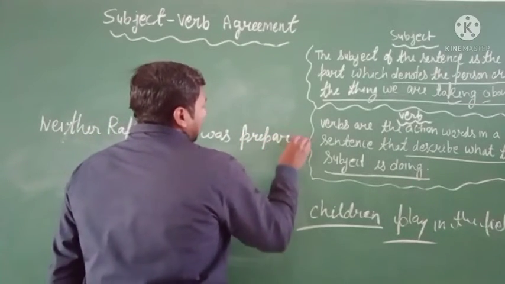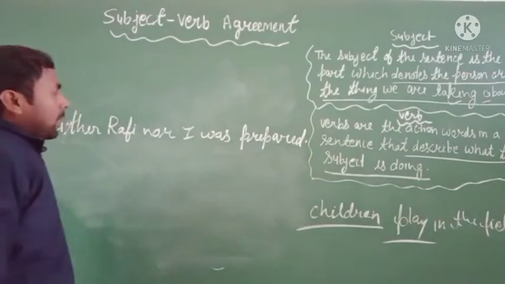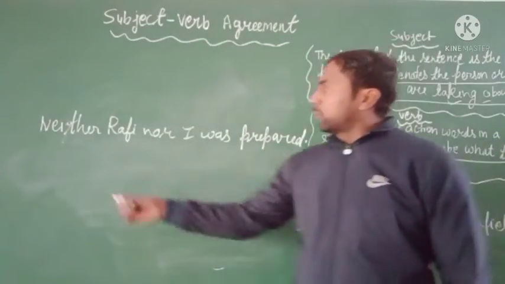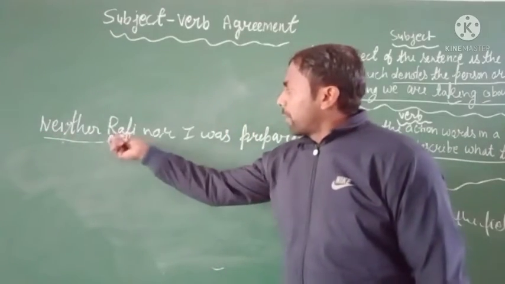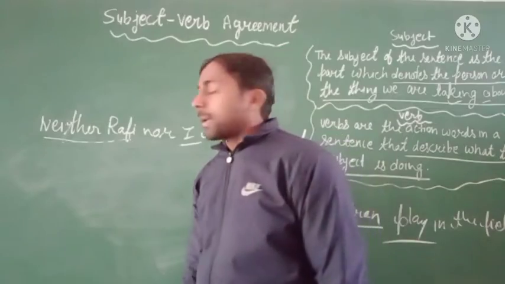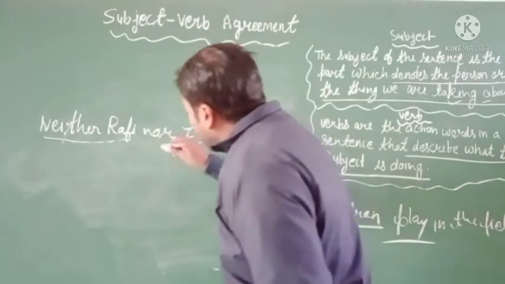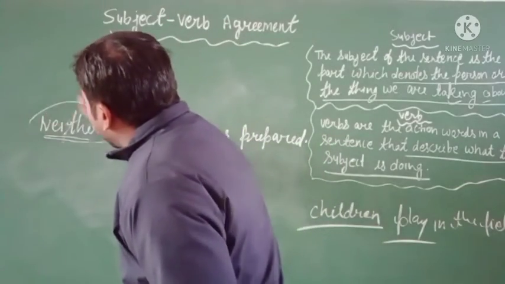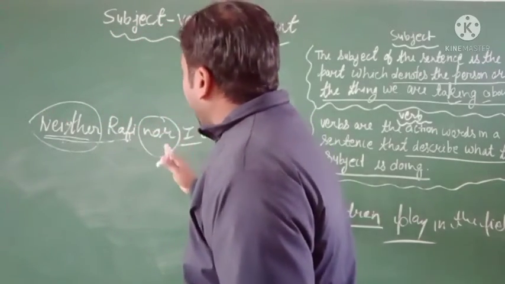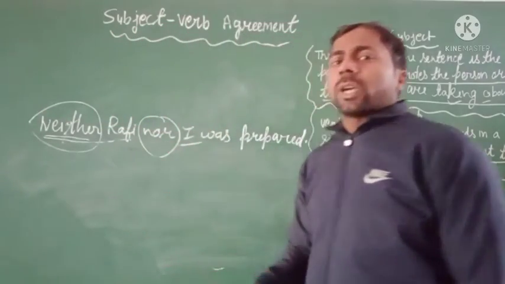Neither Rafi nor I was prepared. So in this sentence you have to see that there are two subjects used here. One is Rafi and the second is I. But you have to see that neither nor is used with both subjects, and that makes the separation.